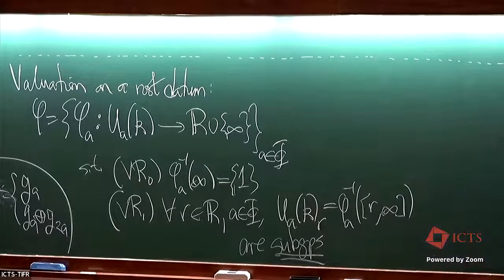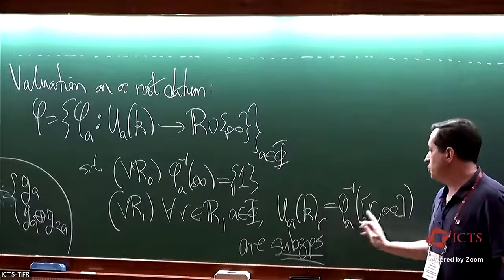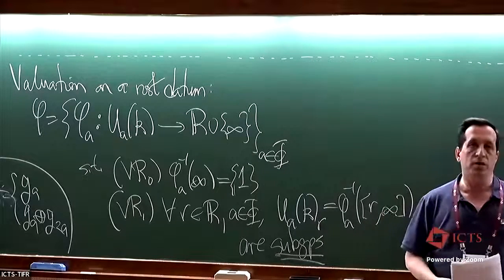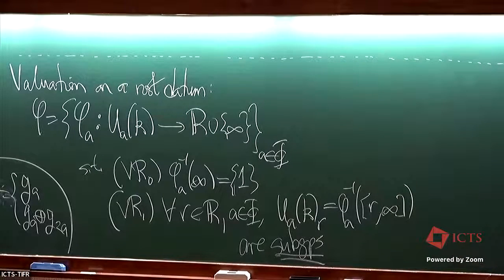So this is a filtration by subgroups. Admittedly, in practice, these will jump at certain sets of real numbers that we don't know in advance. In any event, this is some collection of subgroups. As r increases, the bigger r is, the closer to 0 you are, the closer to the identity you should get. That's sort of the idea.